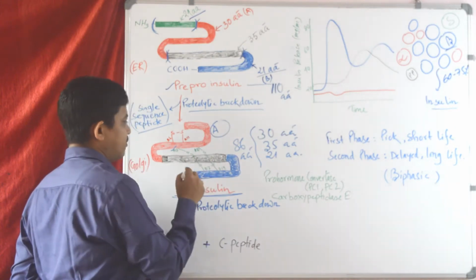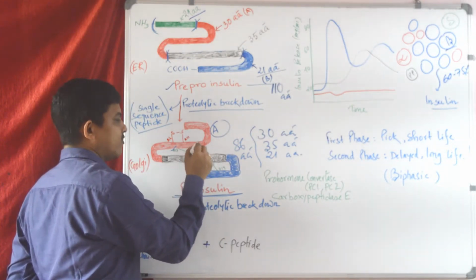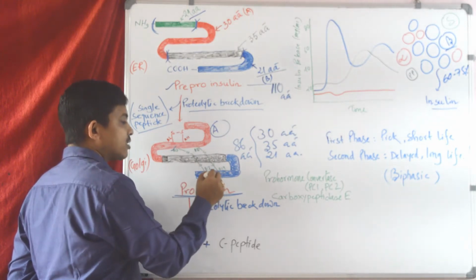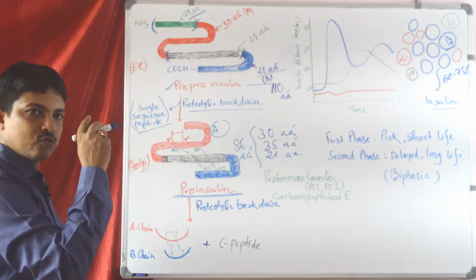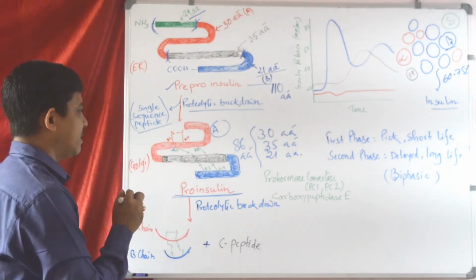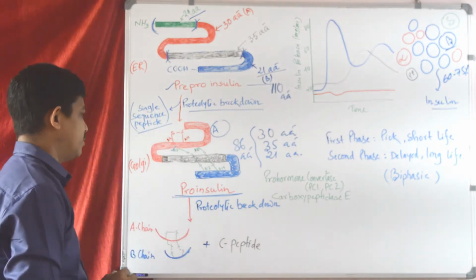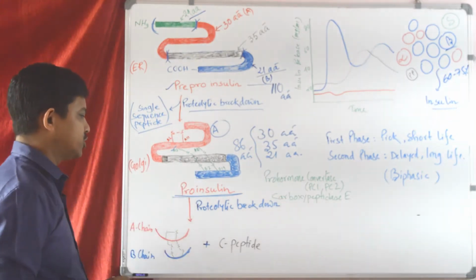Another disulfide bond we can find between the 20th position of the A chain and the 19th position of the B chain. So this is the proinsulin.